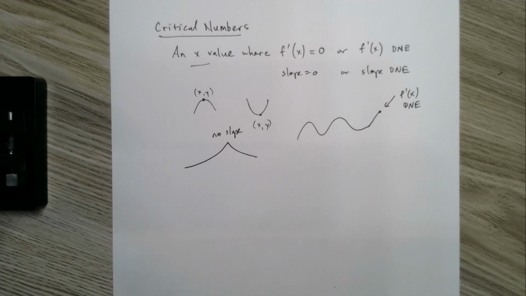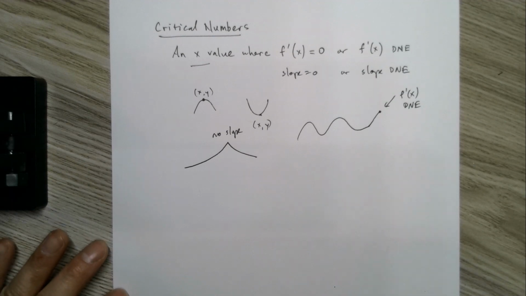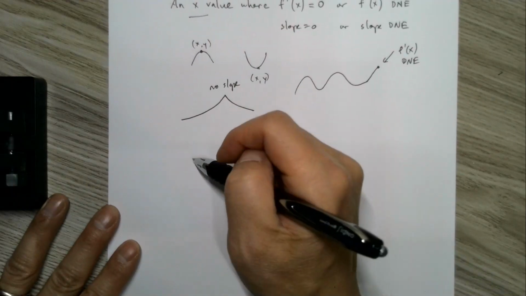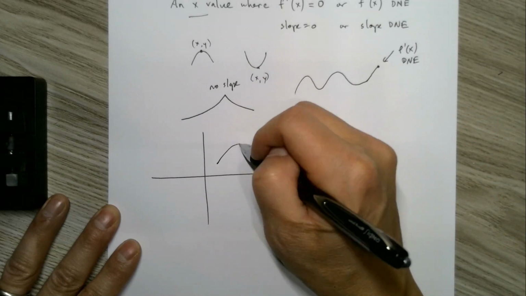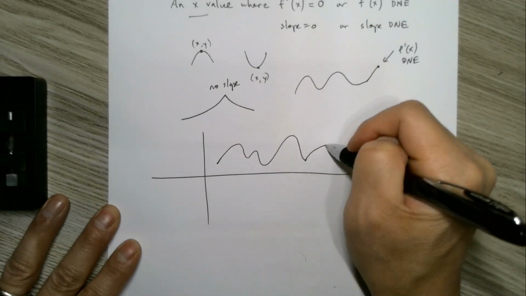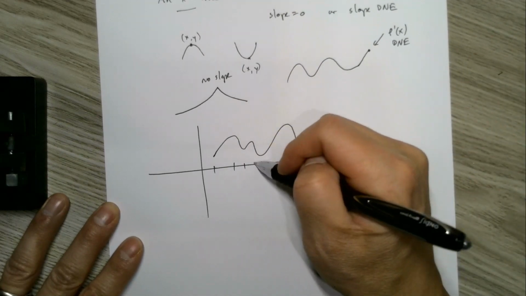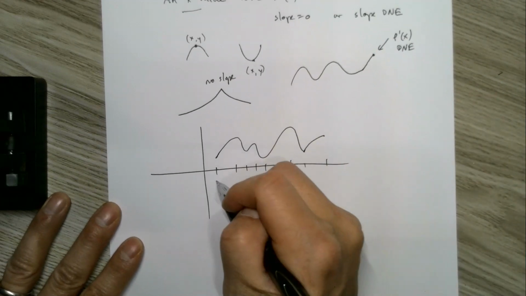So we can put all this together in an example of a graph. Let's say we have a graph that looks like this. And I will label these x values with just letters.